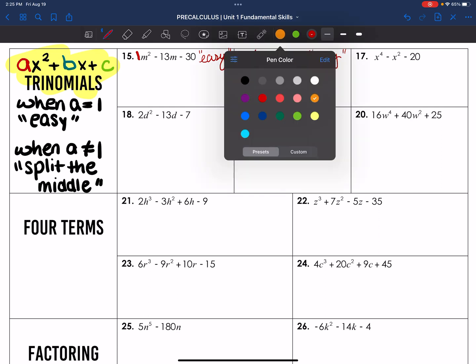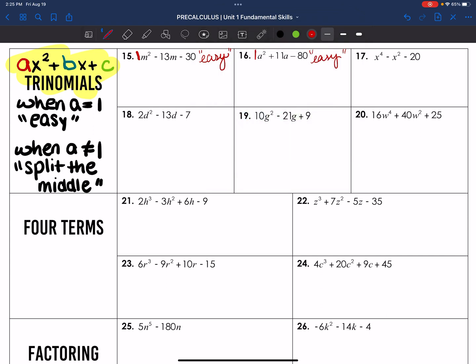So how do we factor these? Well, let me go ahead and show you guys. I like to use this cross method to identify the factors. When I say it's easy, I know that my answer is going to look like a binomial times a binomial, where the first terms in each binomial have to multiply together to give us m squared.